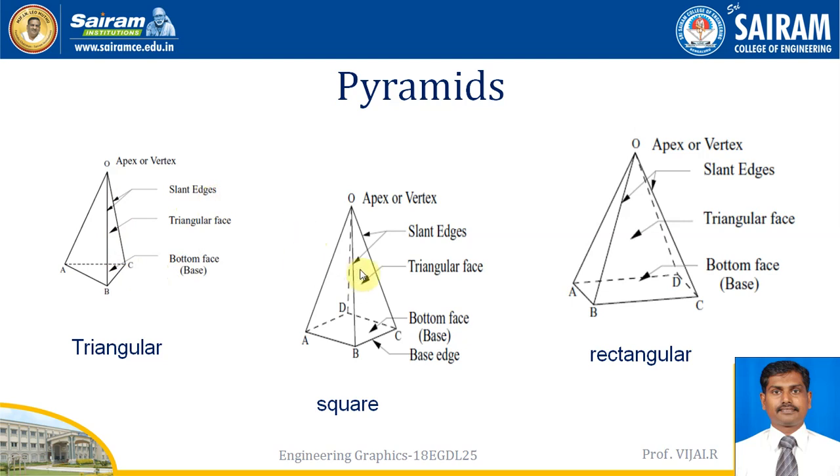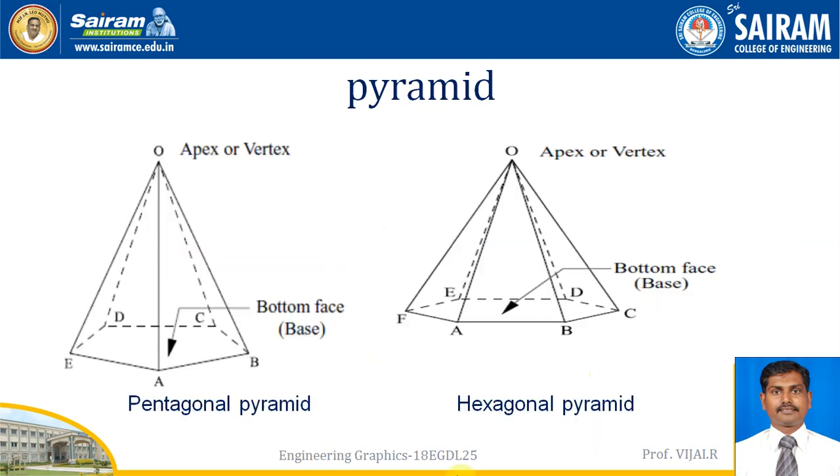These are the things we need to solve the problems. When a problem is asked, we have to concentrate on what the slant edge is, what the triangular face is, and the edge of the base.